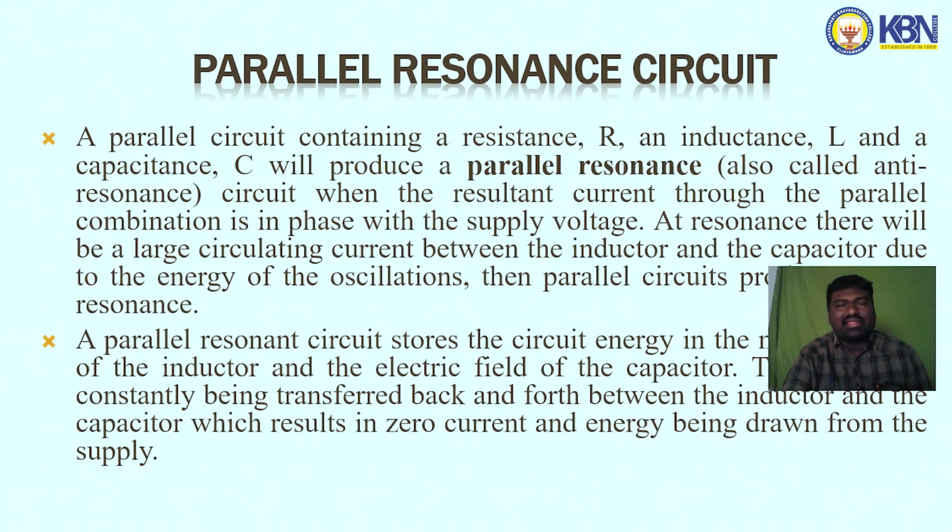Suppose we take the capacitor, the energy during charging and discharging is stored in the electric field. In the presence of an inductor, the energy will be stored in the magnetic field. Here the energy is constantly being transferred back and forth between the inductor and capacitor, which results in zero current and no energy being drawn from the supply voltage.